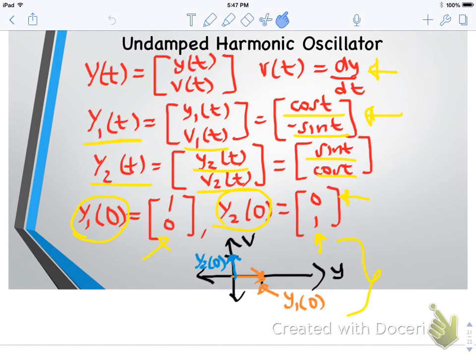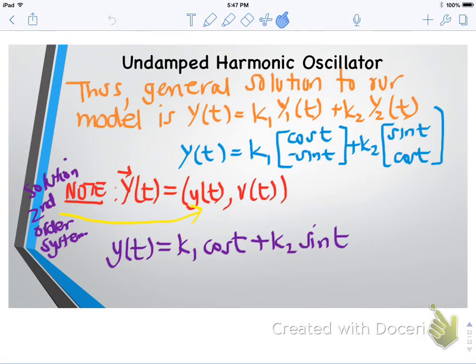I already graphed it for you guys, and if we graph those vectors, we see that they do not go through the same line. You could also just look at them. These two vectors should look familiar, and if not, you can see they're not multiples of each other, or you can graph it to make sure they don't go through the same line. So that tells us we have the general solution.